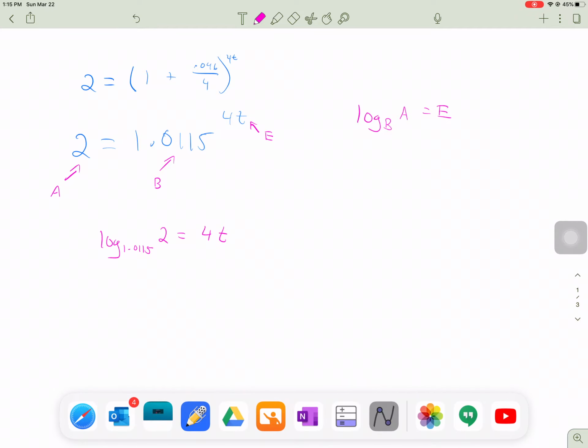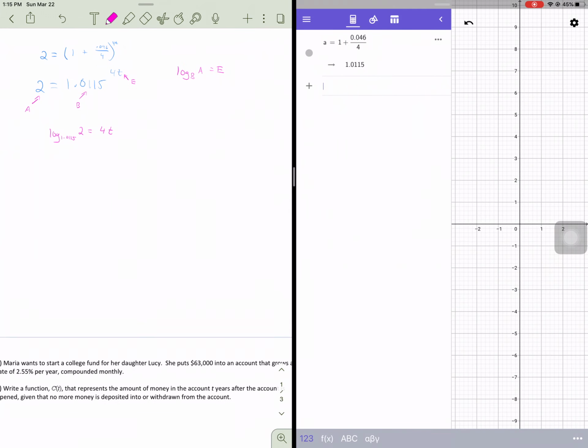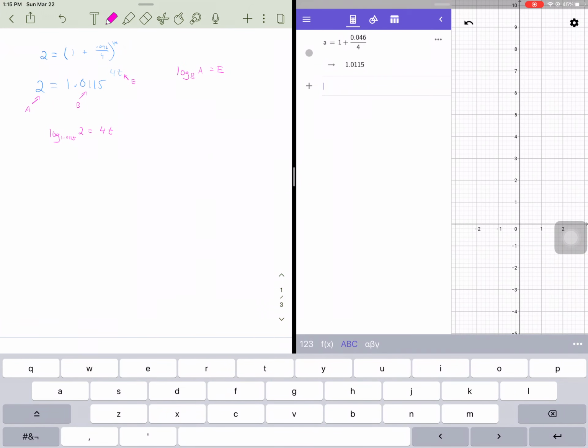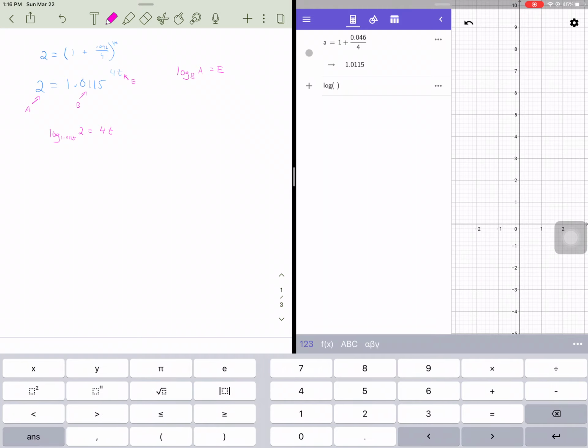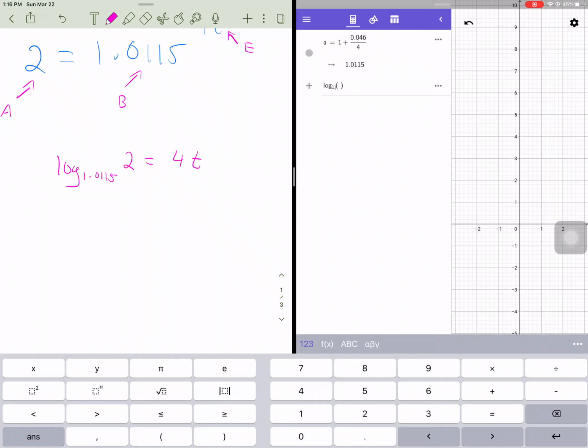I'm going to take the calculator, and I'm going to do log base 1.0115 of 2. And I got this number, 60.619580099, that whole thing. That's that value there. I'm going to take this and divide by 4 to solve for t, the amount of time it would take.